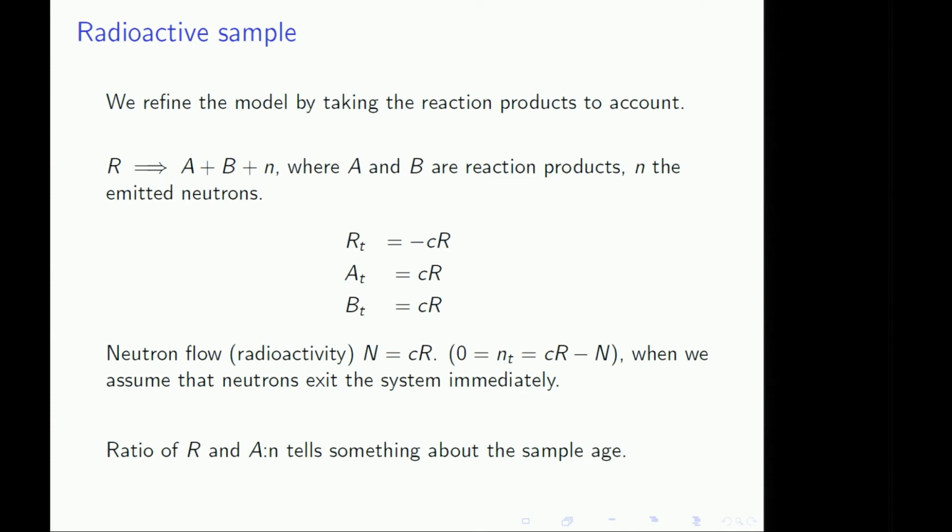So the time derivative of neutron count is zero, and that basically tells that the neutron flow out from the system is equal to the neutron production rate, the source term. And now we have more variables to decide about, for example, the sample age, so how long the radioactive process has been going on. But these are just simple thought experiments.